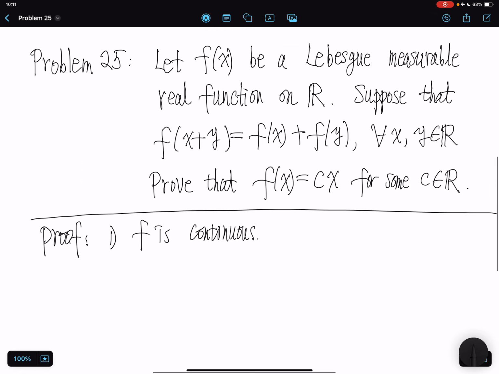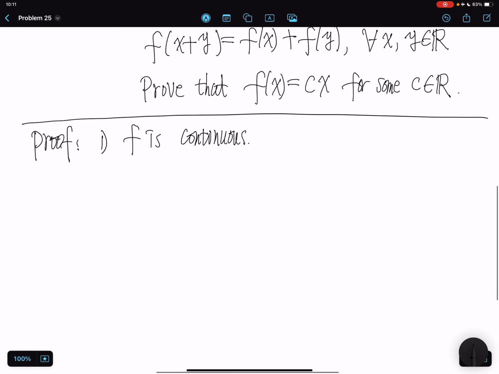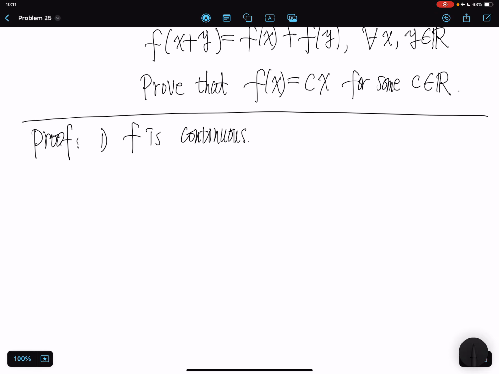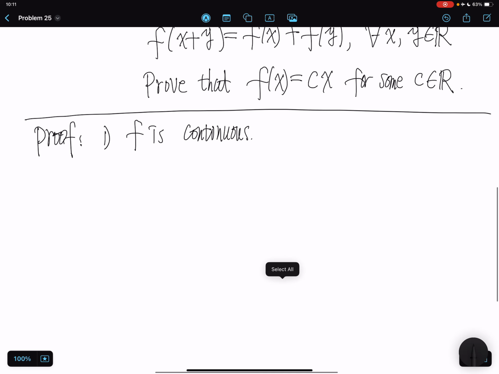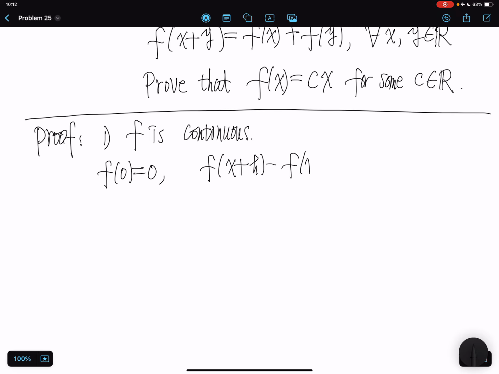Okay, the only conditions we know are that it's Lebesgue measurable, and there is a functional equation. So from the condition, it's easy to see f of 0 is 0, right? And also f of x plus h minus f of x is f of h.